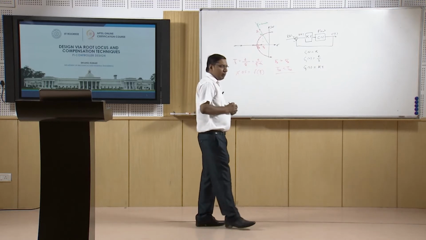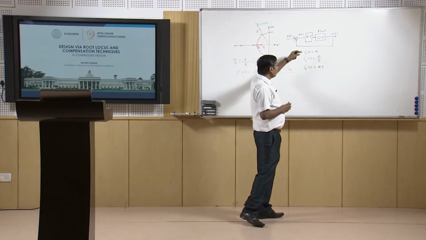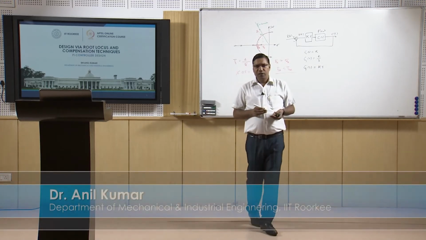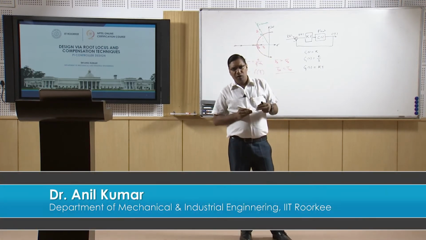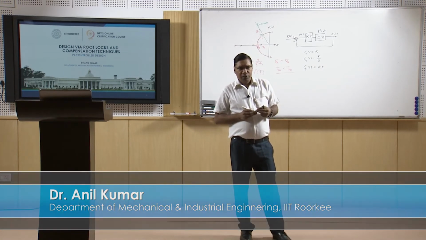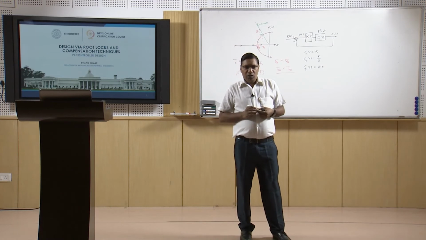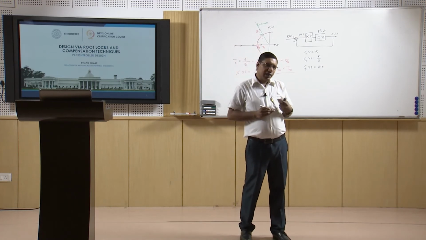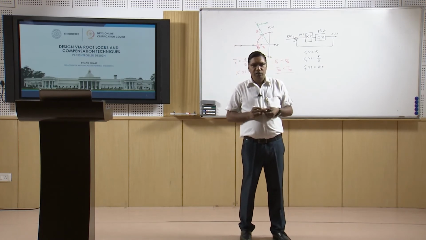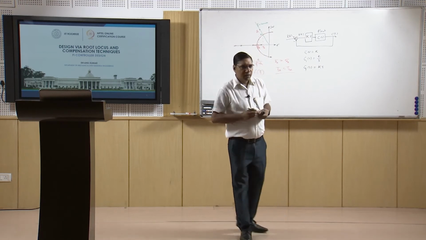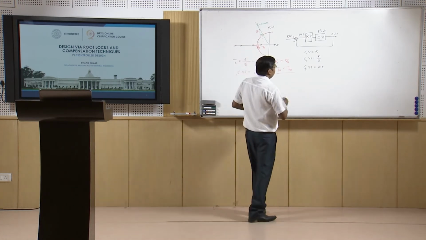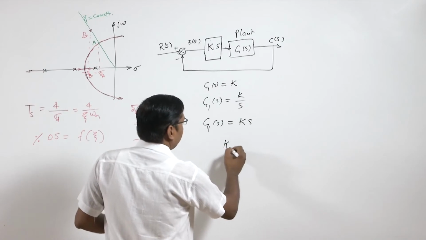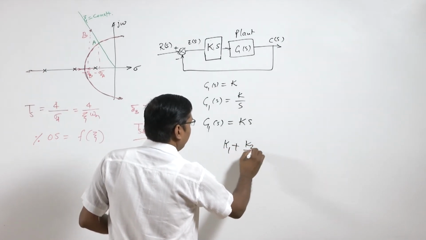Now we could also have a proportional plus integral or proportional plus derivative controller. So we feed the scaled plus integrated error to the plant, and so we have K1 plus K2/s.